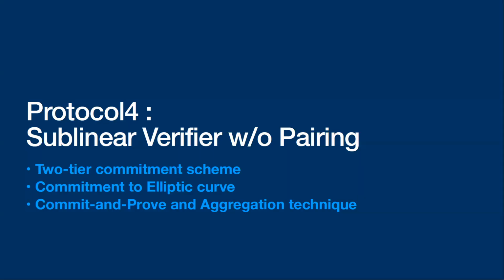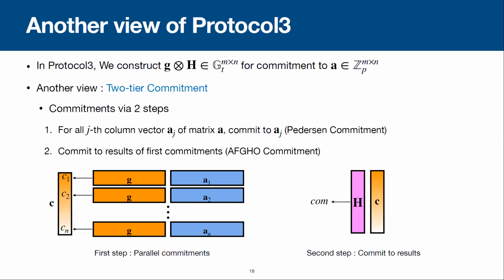Next, I'll explain the protocol for a sublinear verifier without pairing. This is another view of protocol 3. In protocol 3, we construct G times H for the commitment to matrix A. The other view is a two-tier commitment, which is a commitment via two steps.